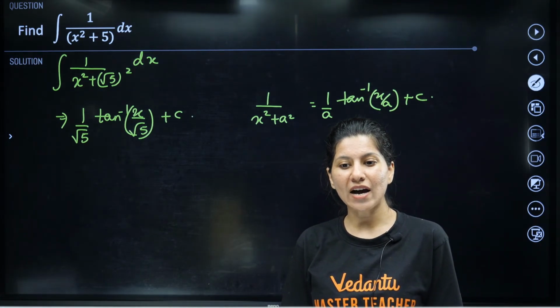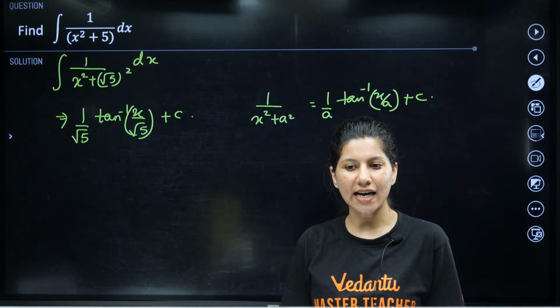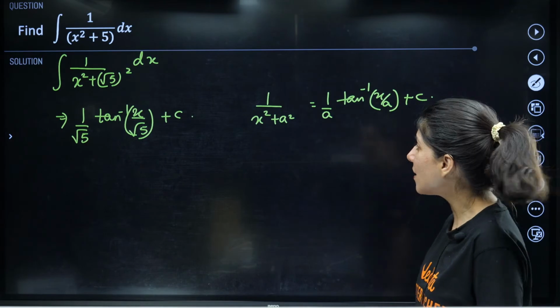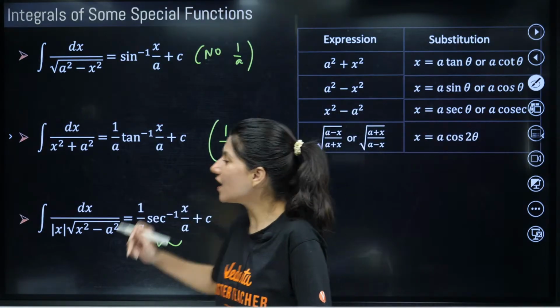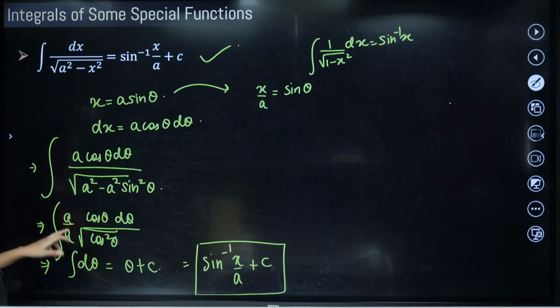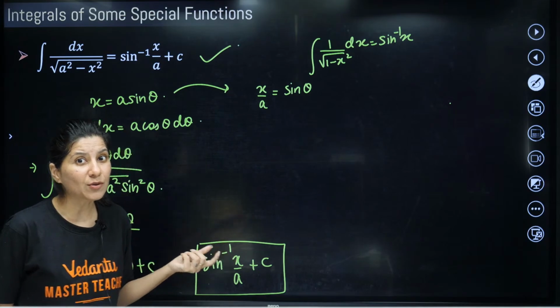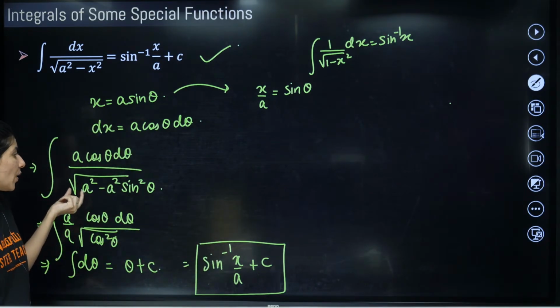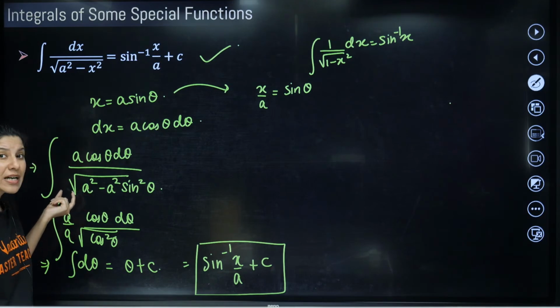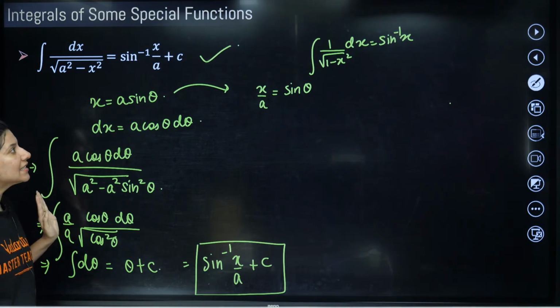Gina is asking why it is like this. Sine cannot have 1 by a where tan can have that. Gina, because if you solve this, so what is happening? I have proved it also. Because there is a square root involved, the square root of a square is getting formed. Square root of a square will become a. A is getting cancelled out here.